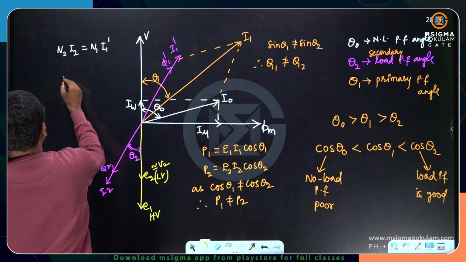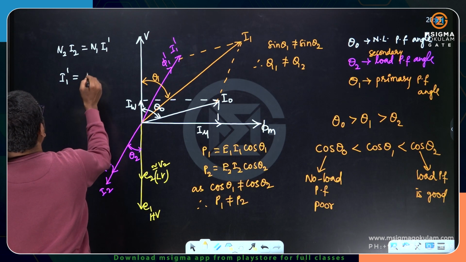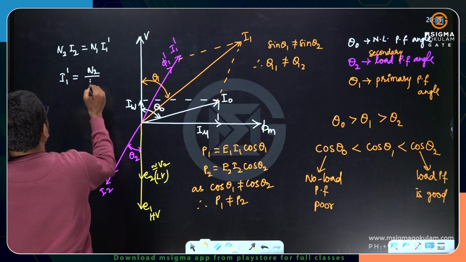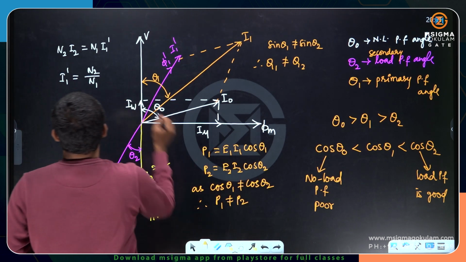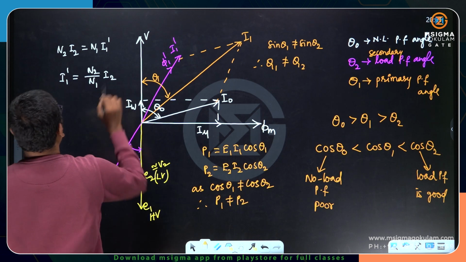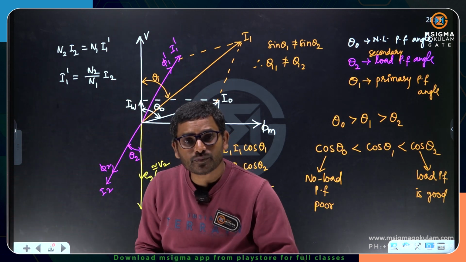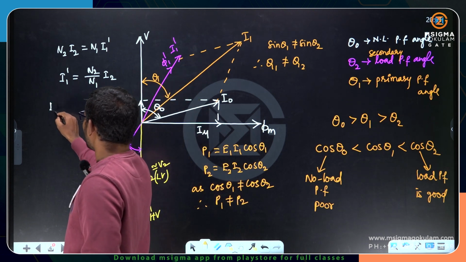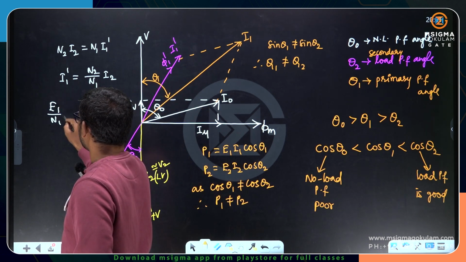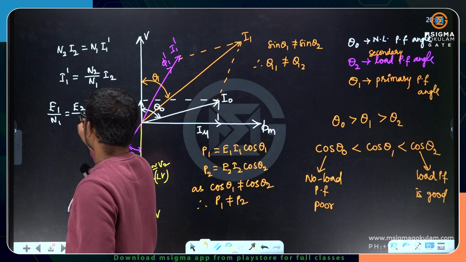Now I1 dash I can write as N2 divided by N1 into I2. What is this N2 by N1? It is E2 by E1. Here we have the EMF per turn, E1 by N1 is equal to E2 by N2.